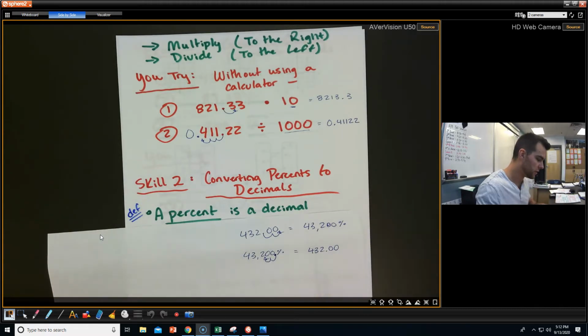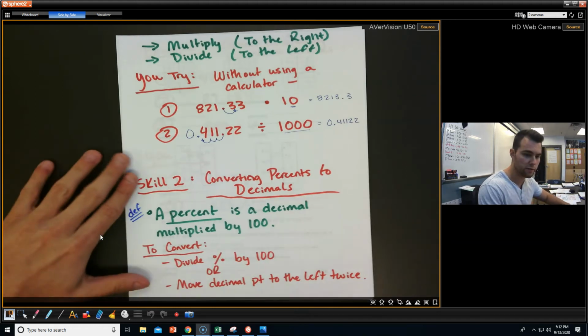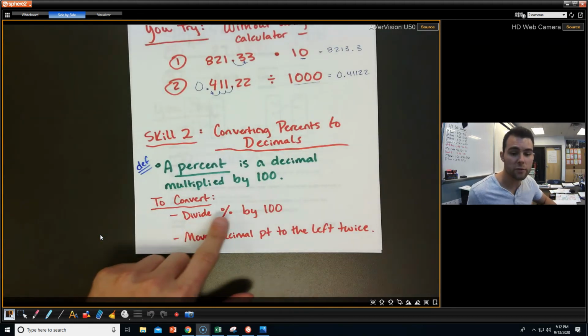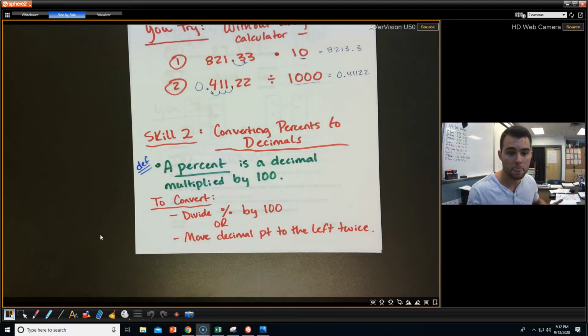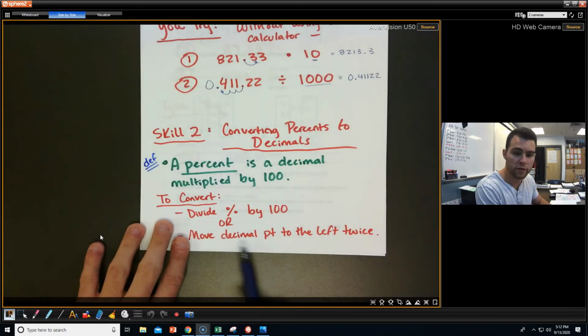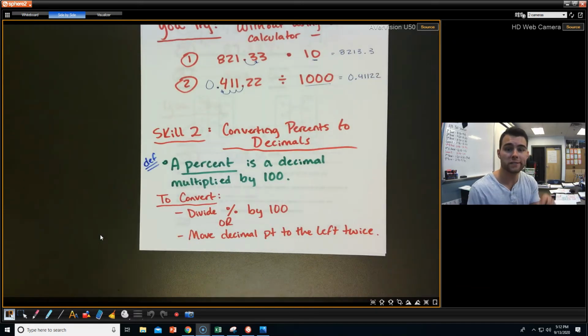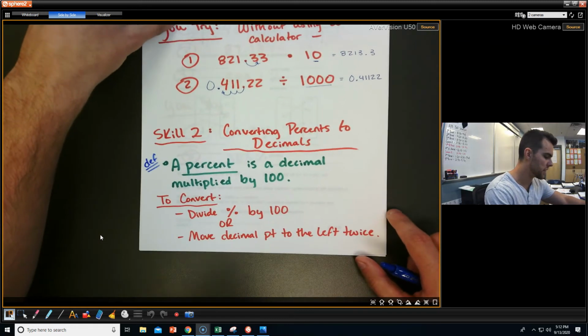I am now back to a decimal, and that's exactly what I wrote down here. To convert, you divide your percent by 100, and you can do that in a calculator. Or, without using a calculator, just move your decimal point to the left twice. Okay? And that's it. That's all you have to do in order to get a percent to a decimal.